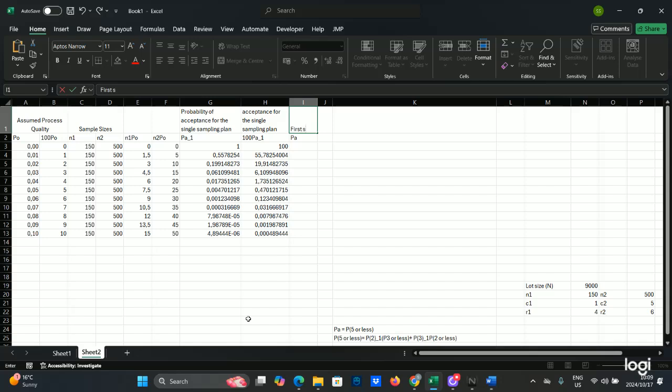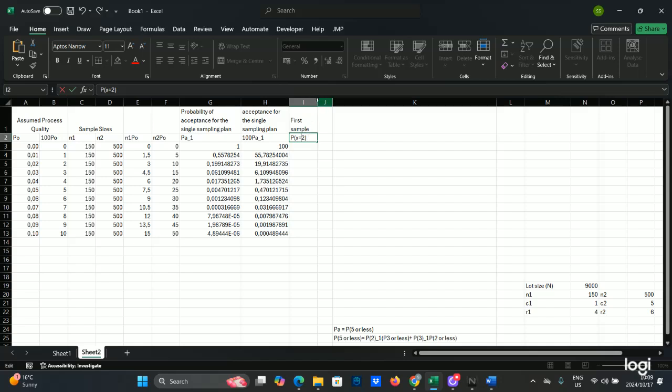Let's say this is the probability that they find two defectives in your first sampling plan, so probability of x equals 2.